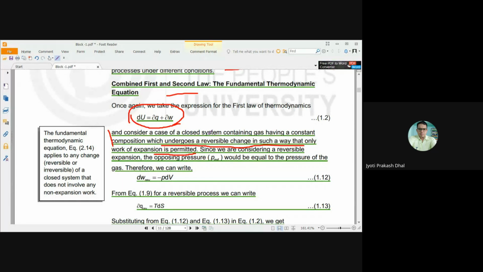As work of expansion is permitted, when the gas undergoes expansion, work will be done by the system on the surroundings. And when work is done by the system, that work is called negative work. Since we are considering a reversible expansion, the opposing pressure would be equal to the pressure of the gas.